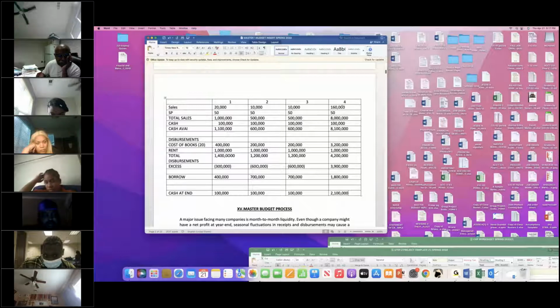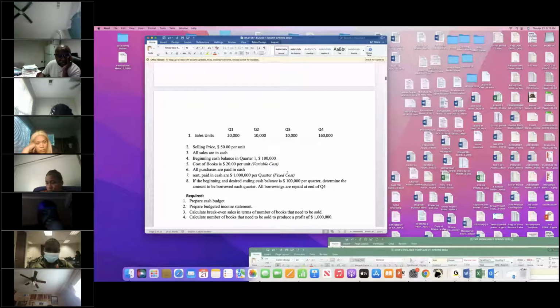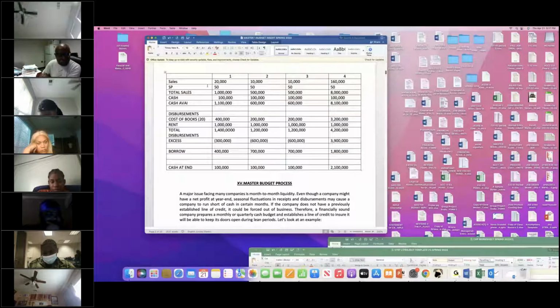That was the assumption of what you were paying for the books. The books cost you $20 each. We've been multiplying by 20 the whole time. So you're selling at 50, the books cost you 20, and that's your variable cost. And you got a fixed rent of $1 million.